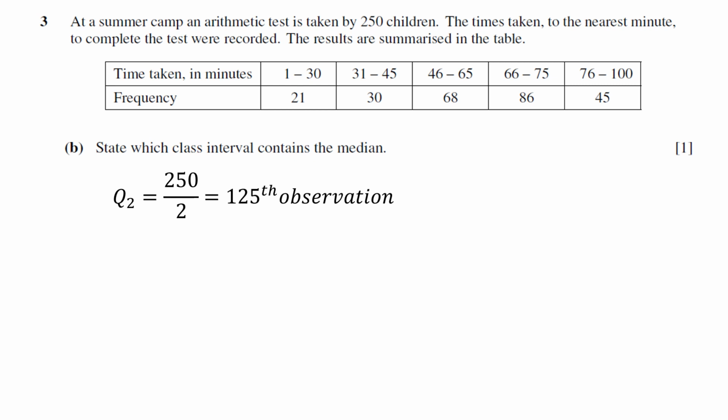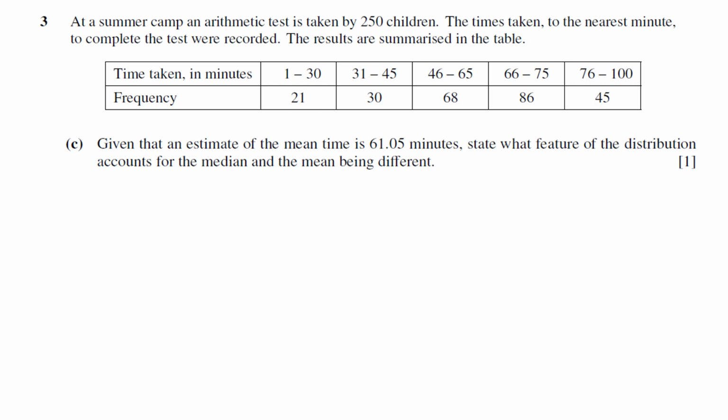If you create a cumulative frequency, you would see that the 125th observation will be contained in the region 66 to 75. So that would be our class interval which contains the median.